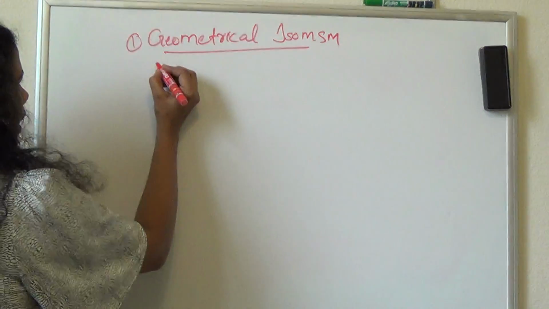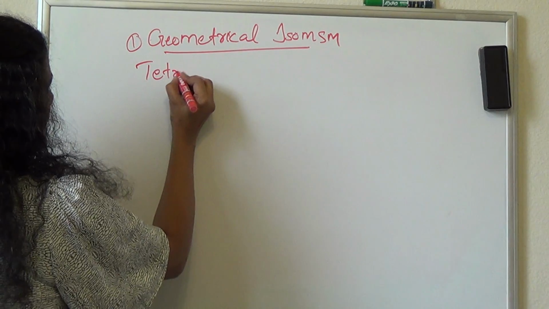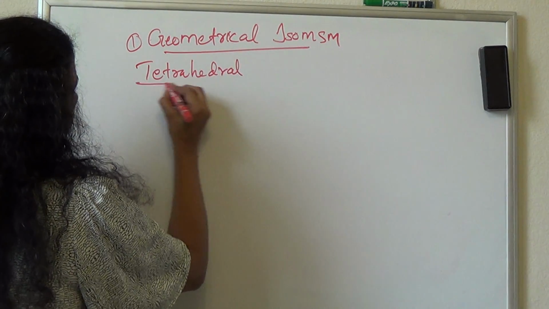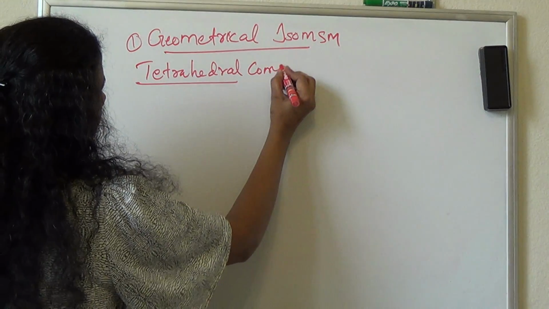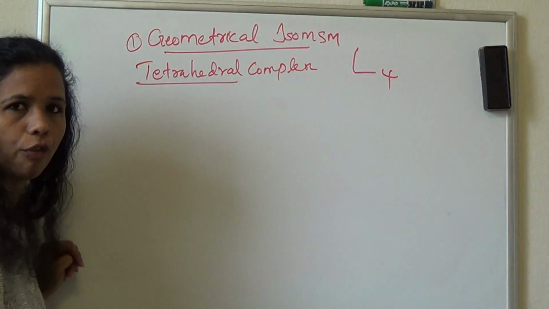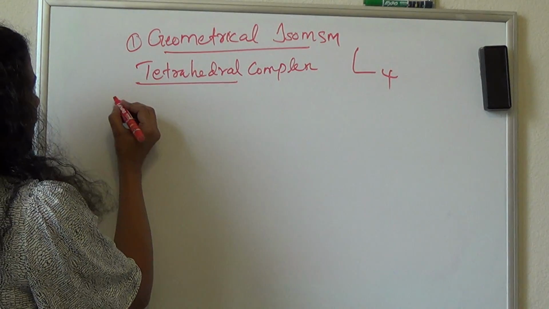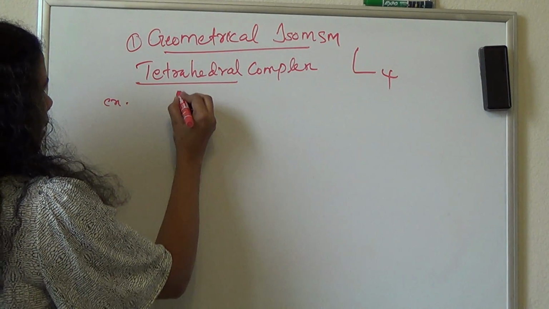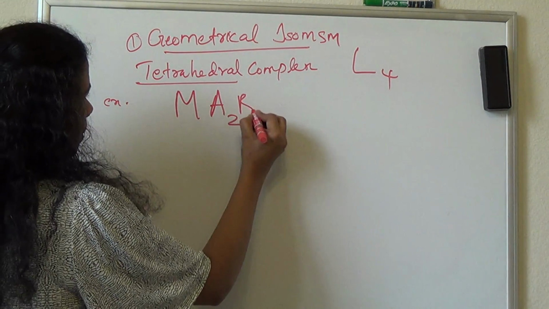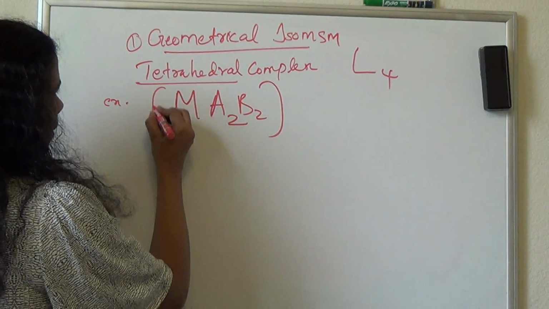First one, tetrahedral complexes. Tetrahedral complexes means the ligands number will be 4. Example, M type Ma2B2, this type of complexes.